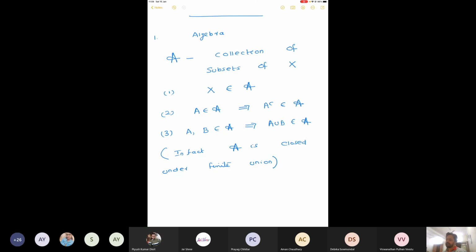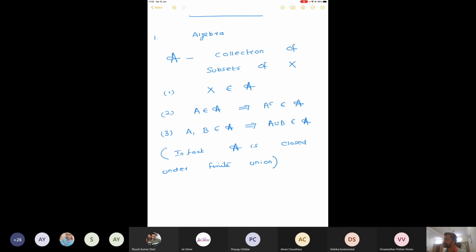Okay. Now, coming to the first problem, this is the definition of algebra. Now, what the problem demands you to do is, you are provided with a collection satisfying two conditions, and you have to prove that that collection is an algebra. And what are the two conditions given? Full set is in the collection. Whenever you have two sets, their set difference A minus B is also in the collection.